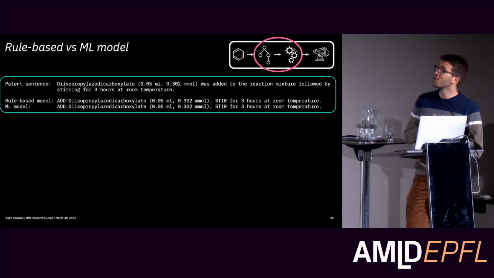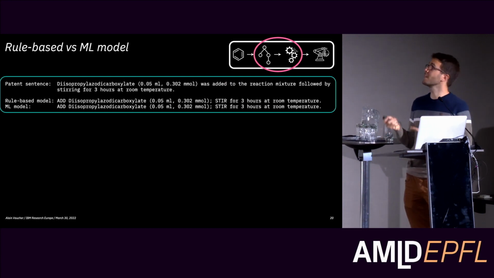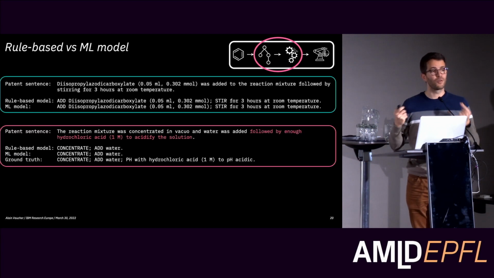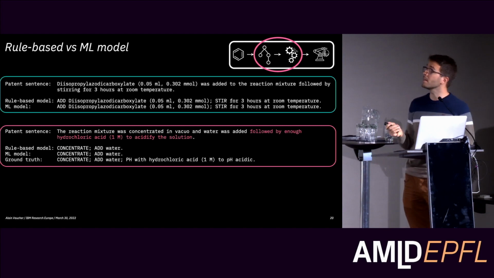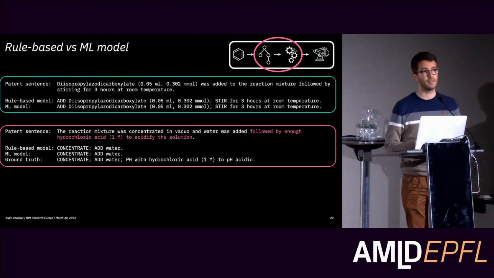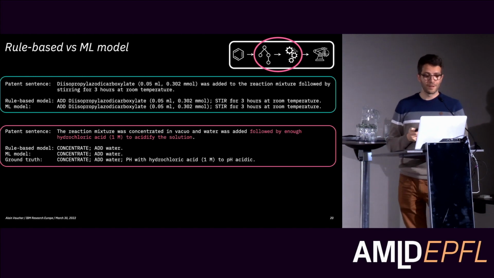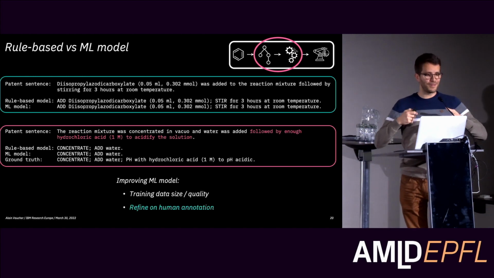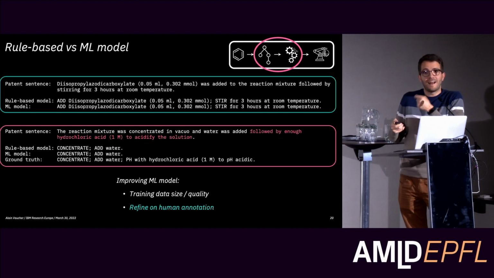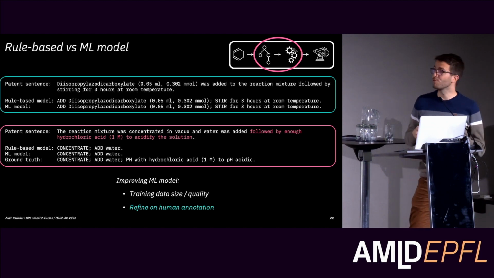And I have two examples here, one of which is correct with one addition action and one stir action, and another one where the rule-based model and the machine learning model make the same mistake. They basically are not able to detect the action to change the pH in the second half of the sentence, which doesn't have any verb actually. So in short, the machine learning model that we trained like that was as good and as bad as the rule-based model. So we needed to look at ways to improve it.